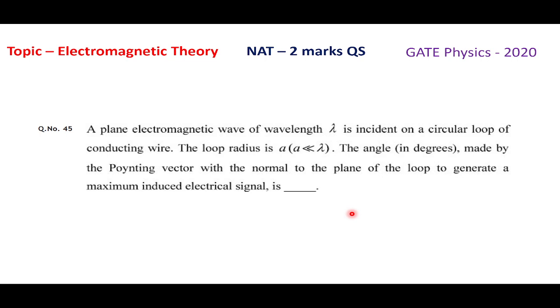First you have to know what should be the direction of the magnetic field, right? That will give the maximum flux or minimum flux, right? And from that you can find the Poynting vector, right? So 0 degree or 90 degree? 90. I was not considering the magnetic field, I was considering the direction of the EM wave.